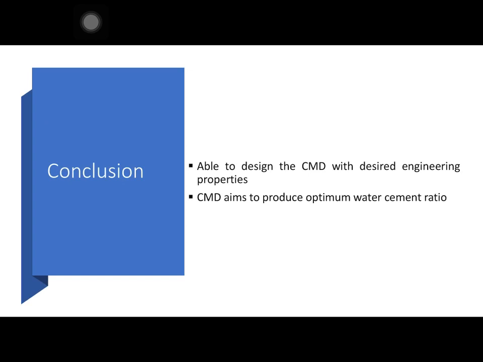So here, at the end of this lecture, students should be able to design the concrete mix with desired engineering properties. And the concrete mix design aim is to produce the optimal water cement ratio. Later, we are going to test the mix in different tests. For example, workability. For workability, we're going to have slump, VB time, and compaction factor.